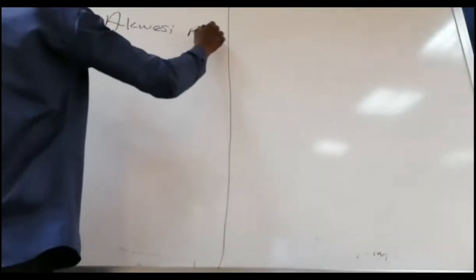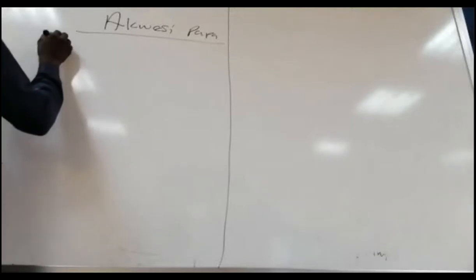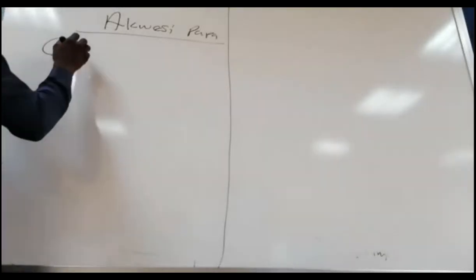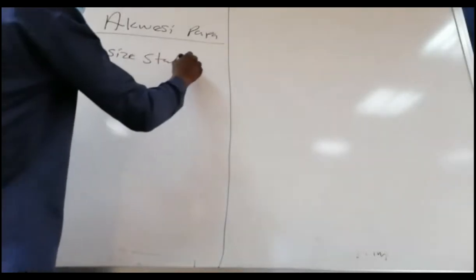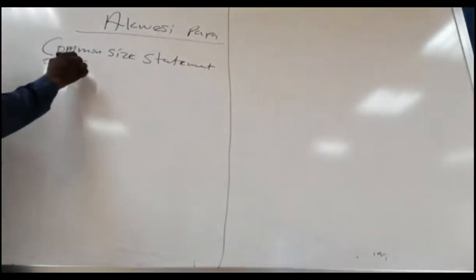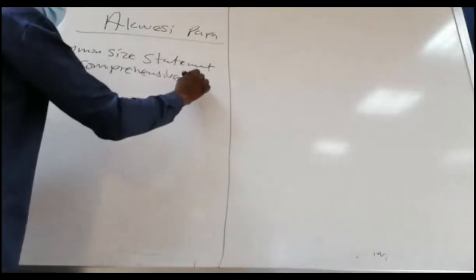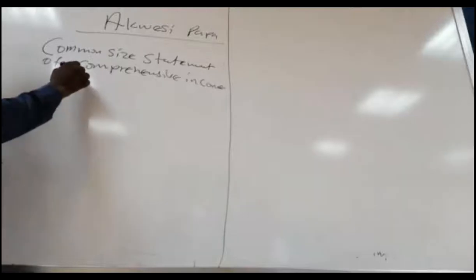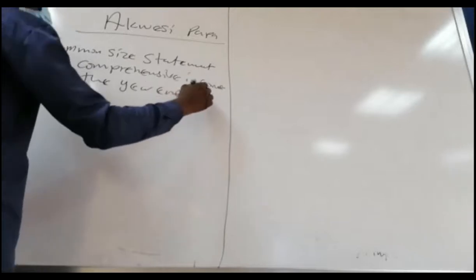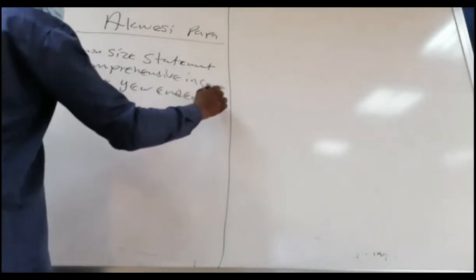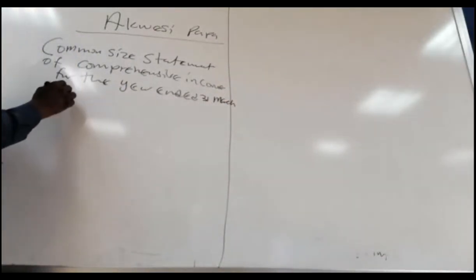Then on the line, common size statement of comprehensive income for the year ended 31st March 2019, right? Or 2020?